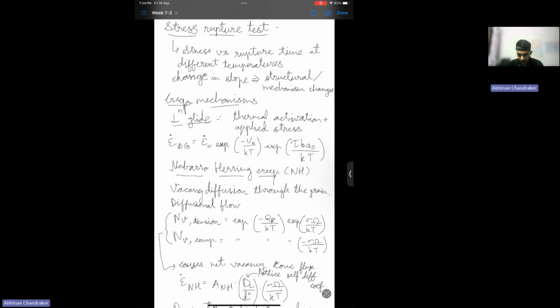So you look at time to rupture and the stress which was applied for different temperatures. And when we make these plots, by studying the slope of the curves for different temperatures, you can get some information related to the mechanism that is operating, and if there is a change in mechanism, that will be associated with a change in the slope of the curves also.